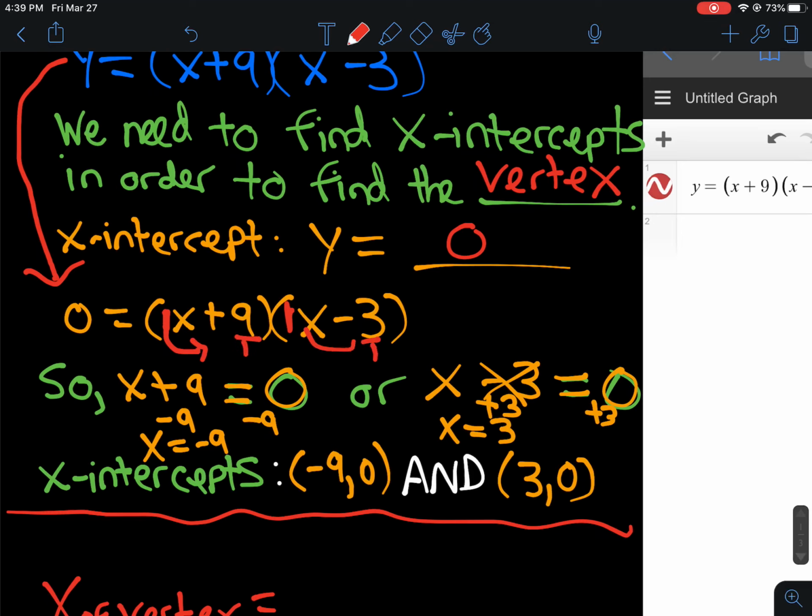But since it's just 1 in front of x, your x-intercepts are the opposite of the numbers showing in the parentheses. We had positive 9 here, so negative 9 was my x-intercept. Negative 3, so 3 was my x-intercept. I'm going a little extra here, but I'm just trying to explain why it's opposite. So my x-intercepts are negative 9 comma 0 and 3 comma 0.